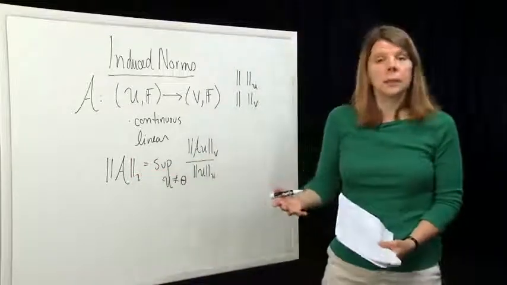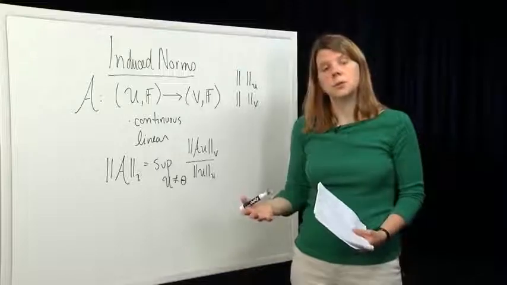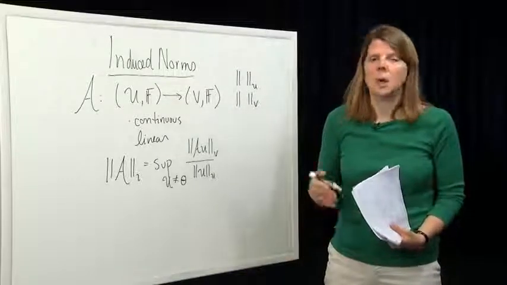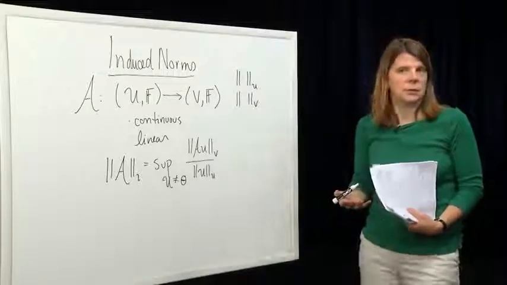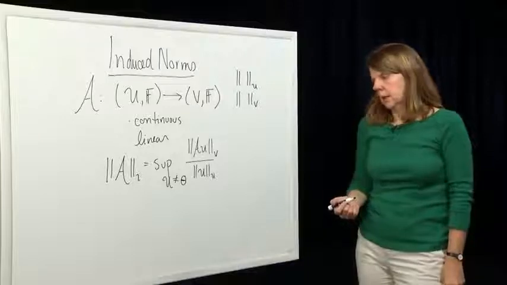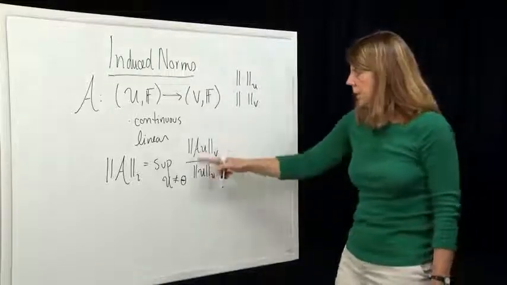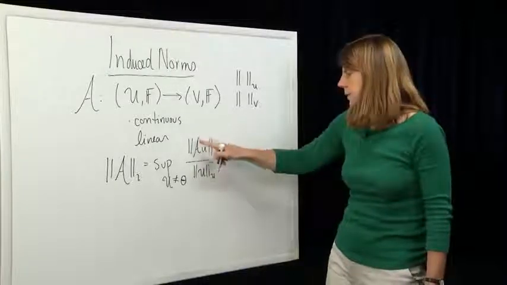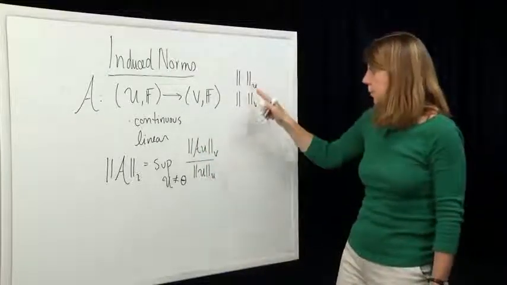Or then more concretely, we could just think about the induced norm or different kinds of induced norms applied to matrices, where we could think of those matrices as being matrix representations of linear operators. There's a couple of things to say here about the right-hand side of this expression. The first is that this is said to be the norm in V, and this is the norm in U.